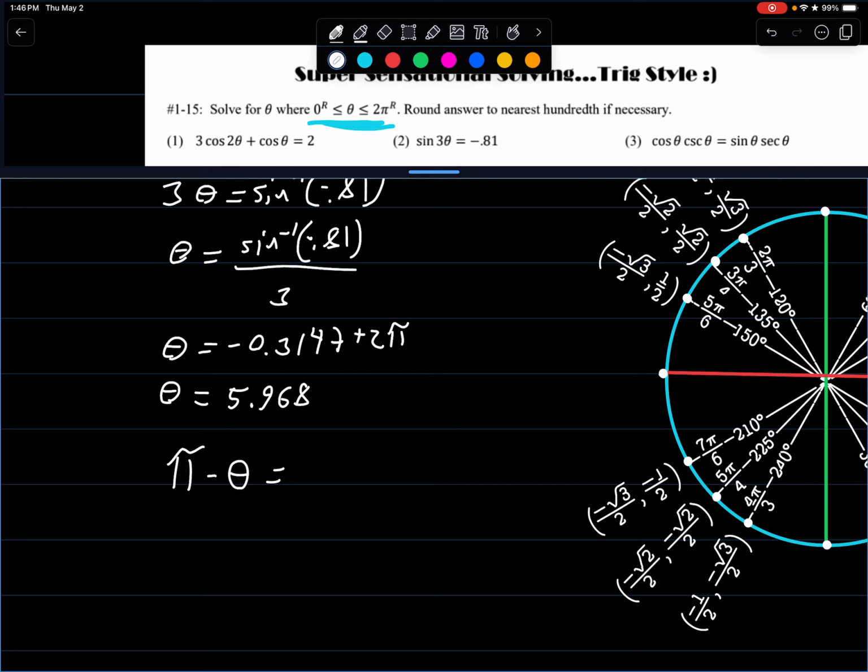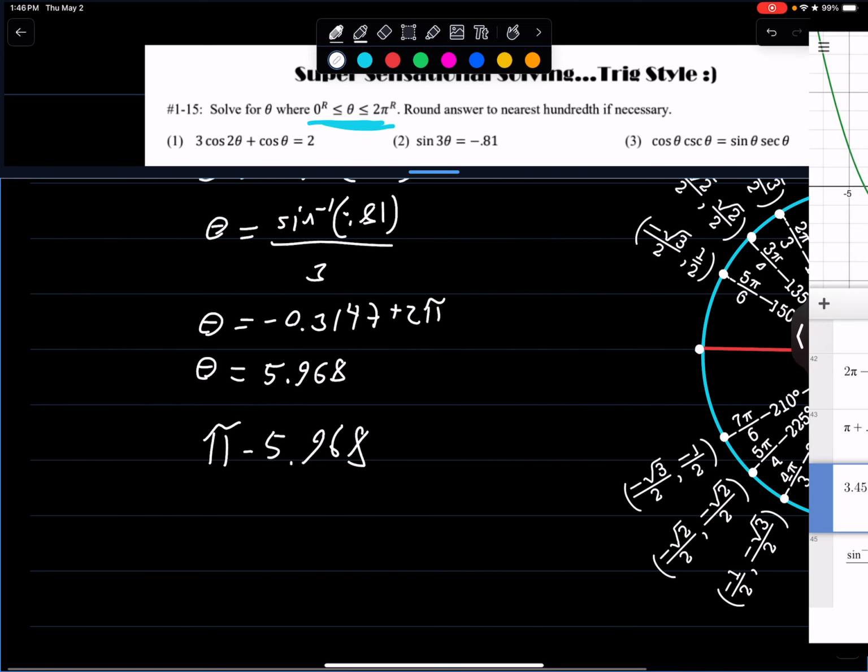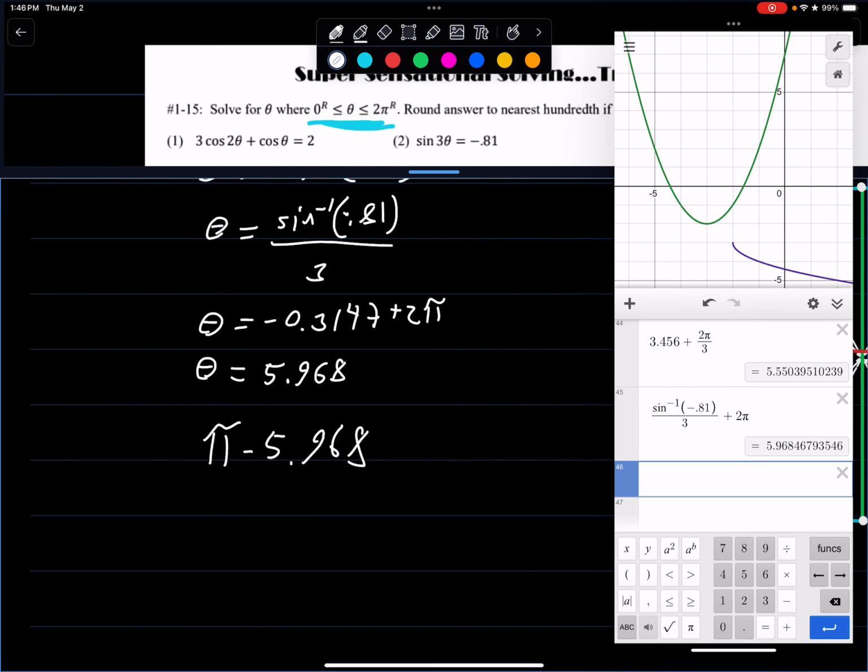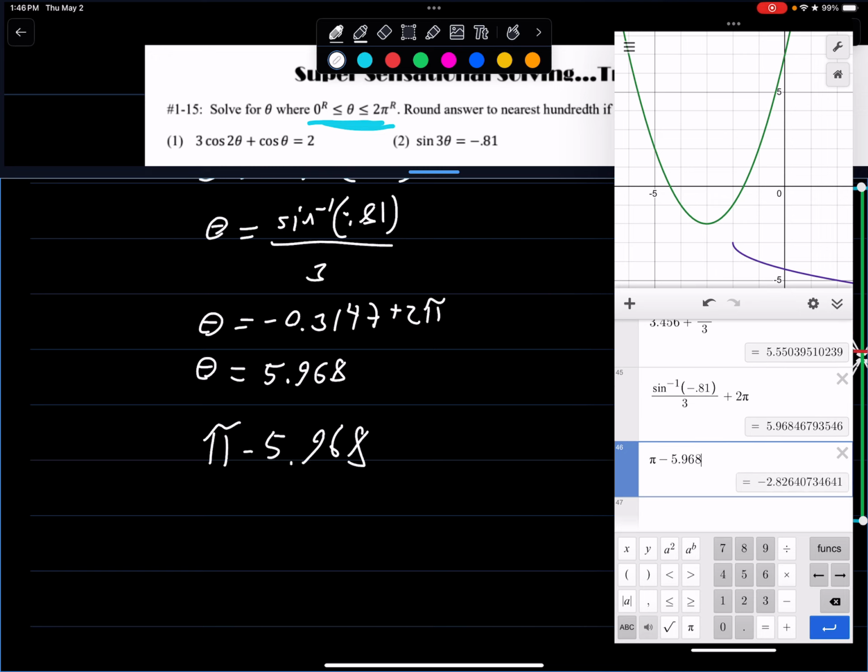So if we actually do this pi minus thing, we'll find that we get pi minus 5.968. Let's plug that in. And hopefully it should make sense. This will be a negative number because pi is like 3.14, and 5 is obviously greater than that.